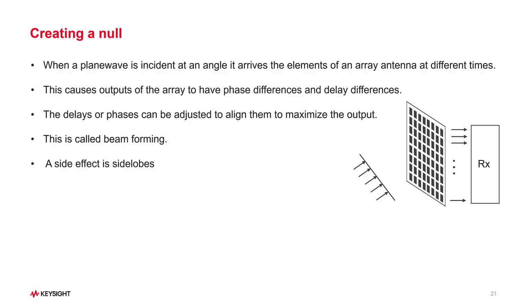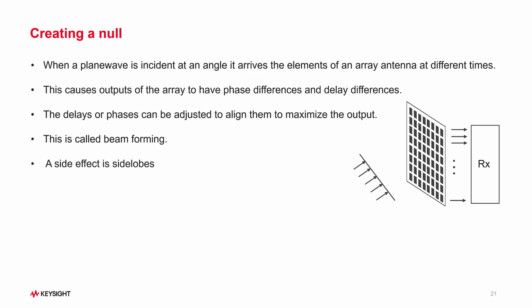But this comes with a side effect, what we call side lobes. So as we align the vectors using phase shifts, they are not only aligned in the direction of arrival or in the desired direction, but they also add vectorially in other directions, maybe not as efficiently as in the direction in the main lobe.